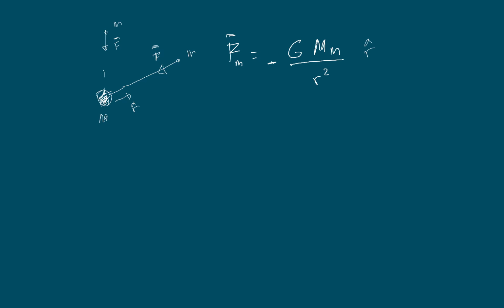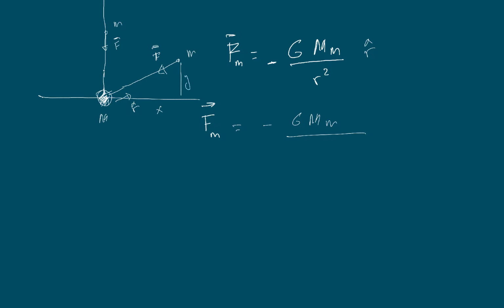So how will we find the potential? To find the potential, we need to express this equation in terms of x and y. So the force acting on m, not magnetic, is minus GMm divided by r squared, where this is the origin and this is the point at x and y.